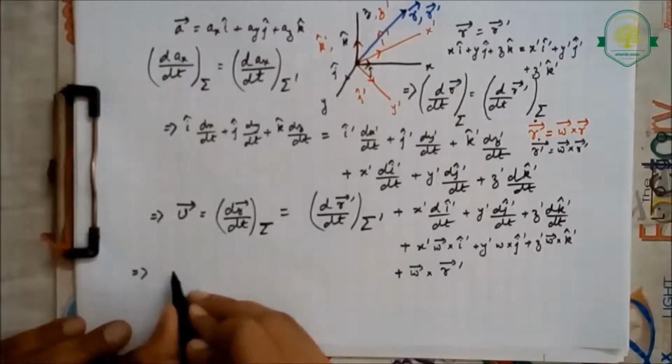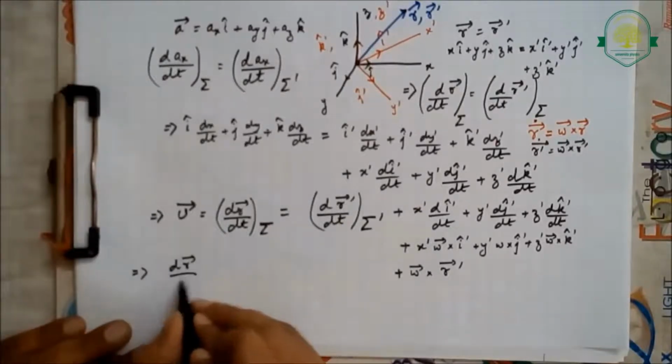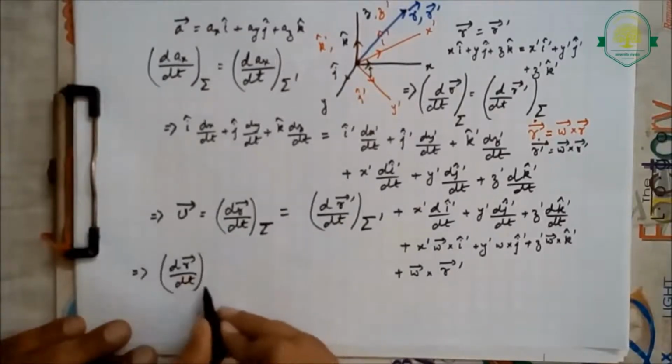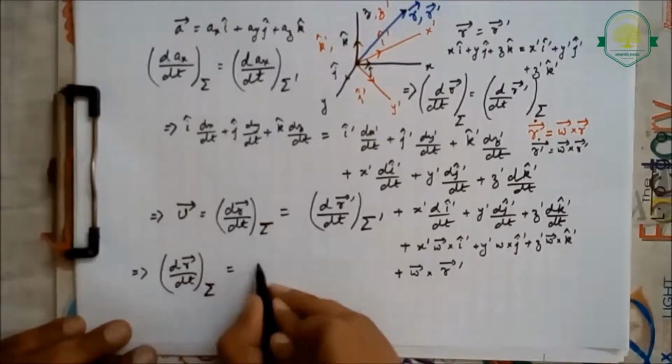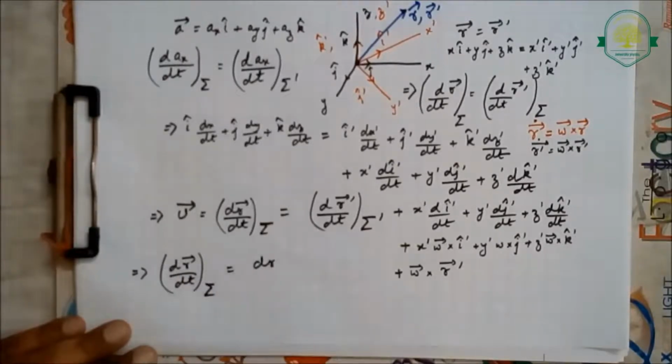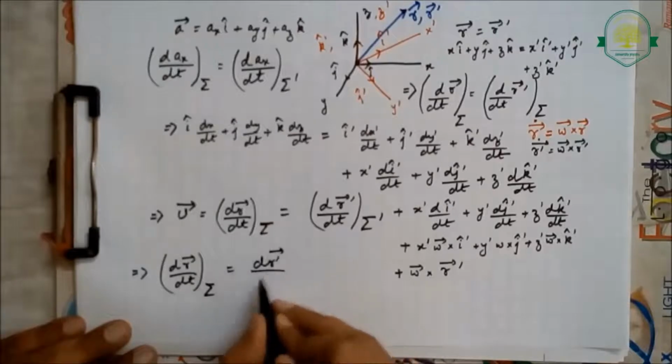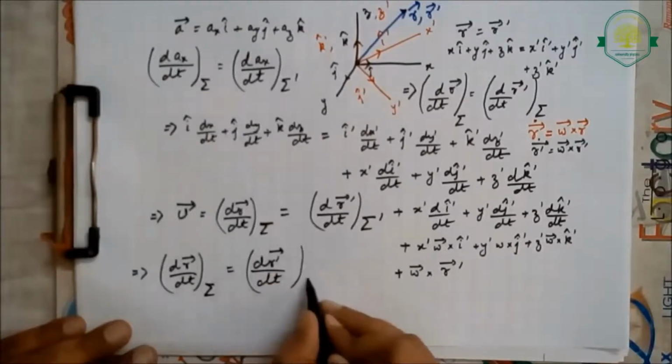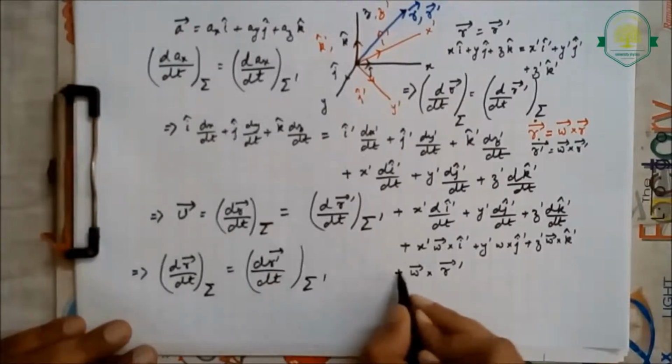So we can say that dr over dt in sigma equals dr primed over dt in sigma primed plus this term.